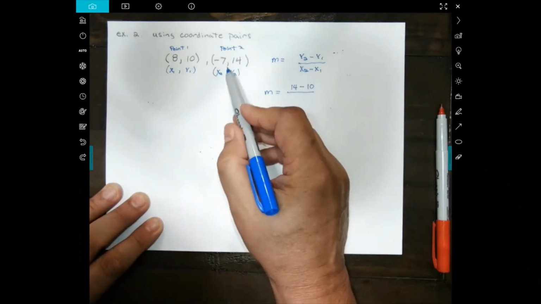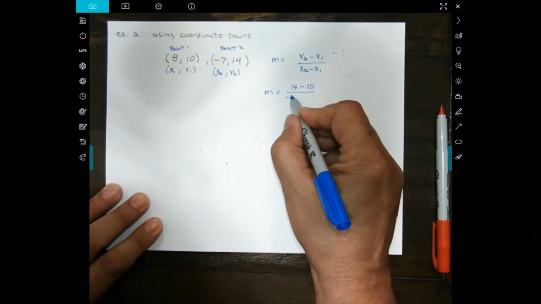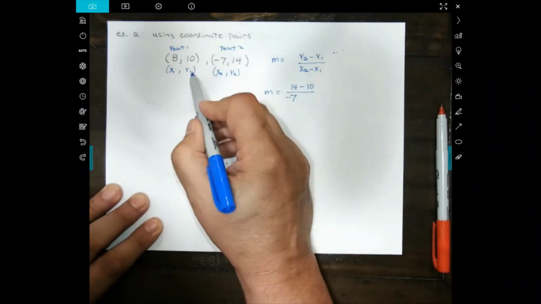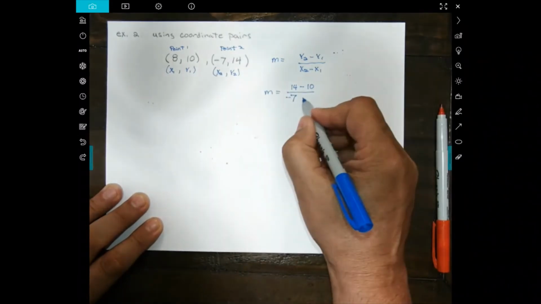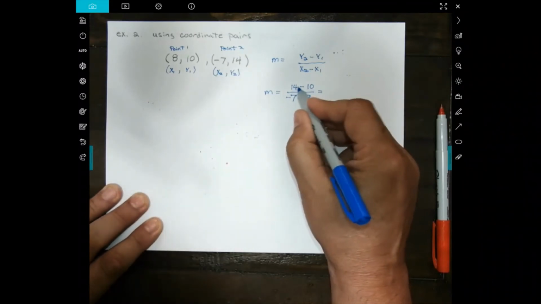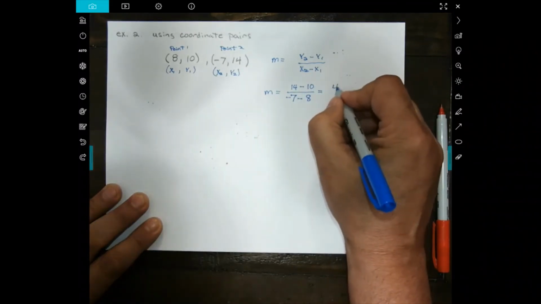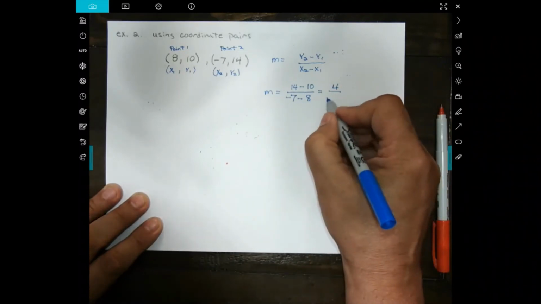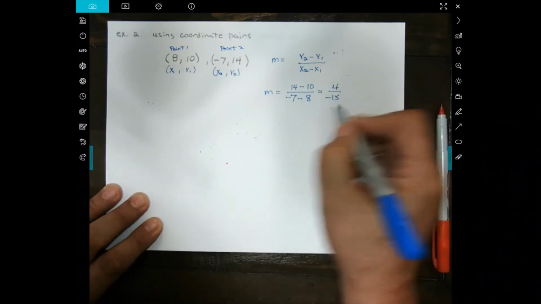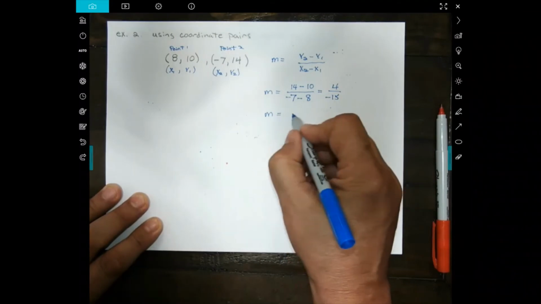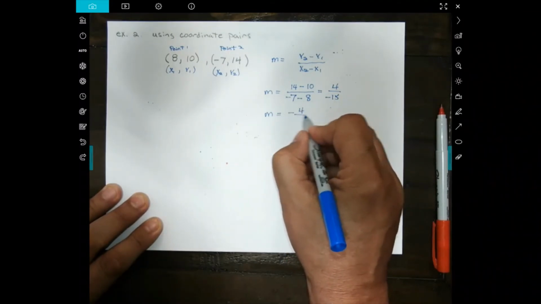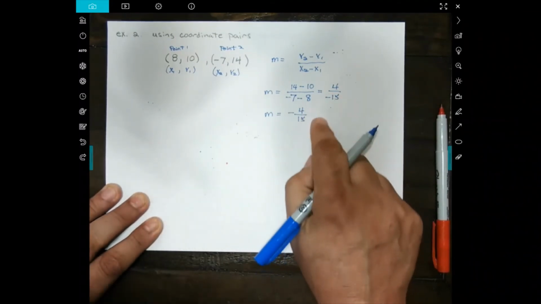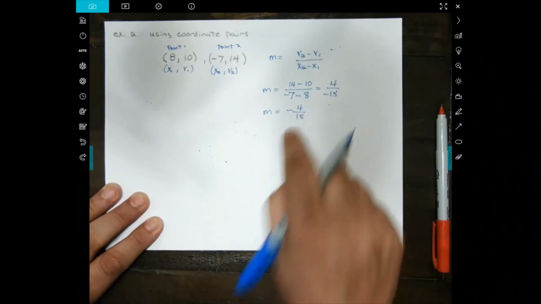My x2 is negative 7. And my x1 is 8. So that's minus 8. And my slope is equal to 14 minus 10 is 4. And negative 7 minus 8 is negative 15. So my slope equals negative 4 over 15. And it will not reduce. So this is as simple as I can make my slope.